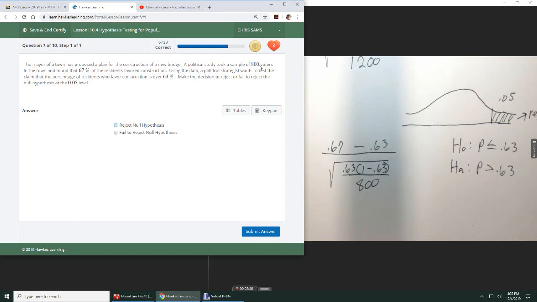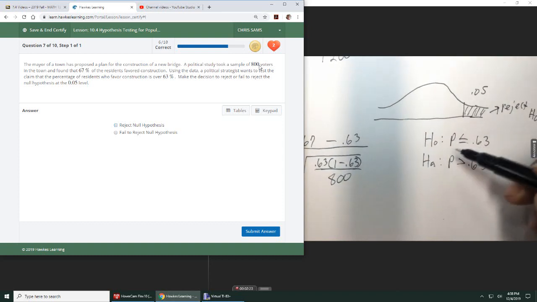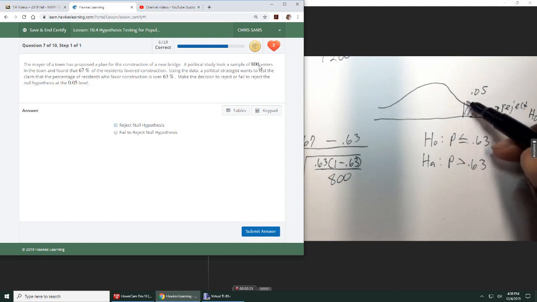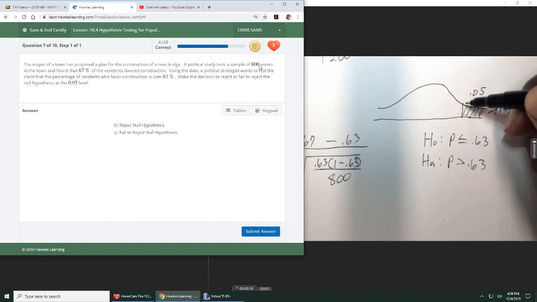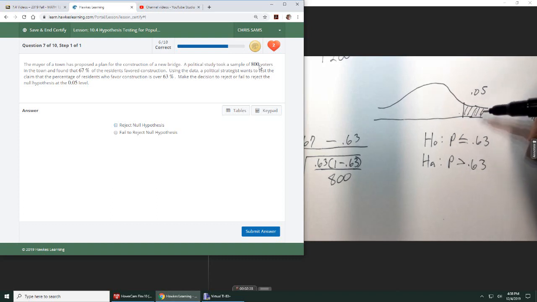Reject the null. So basically we're testing to see, this is a number. It might be a little bit bigger than 0.63, but just because it's a little bit bigger does not necessarily mean that it's actually bigger. You might have just got a different sample. So we pick a number so that there's no doubt that it has to be greater than 0.63. We're coming up with a number that's so big that it has to be definitely bigger than 0.63.